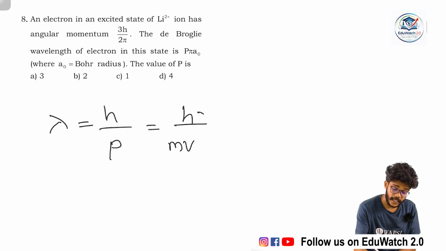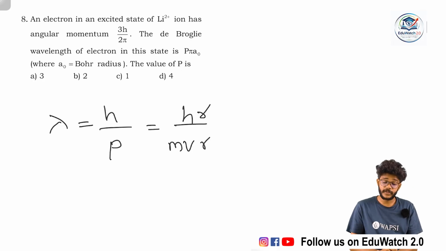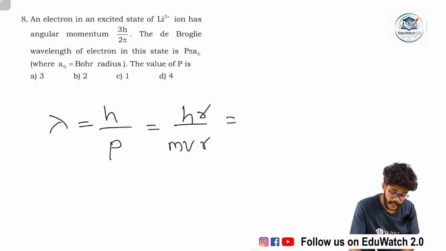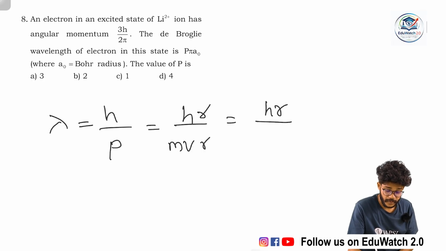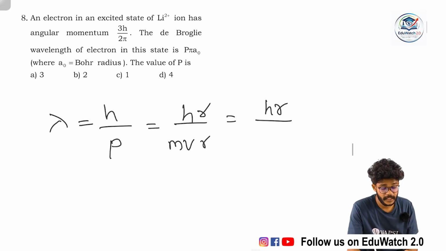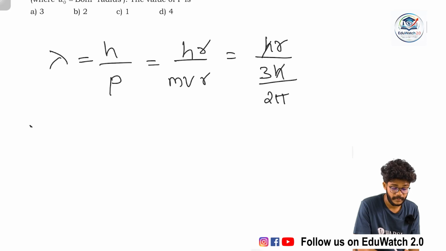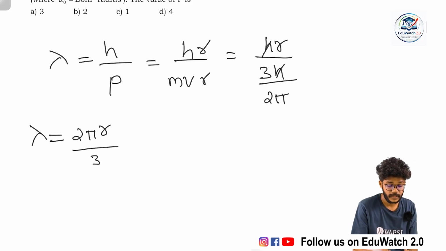I am multiplying r in the numerator and the denominator. Then the denominator becomes the angular momentum. So it will be equal to hr by mvr, and mvr is 3h by 2 pi. h and h can be cancelled. So lambda is equal to 2 pi r divided by 3.